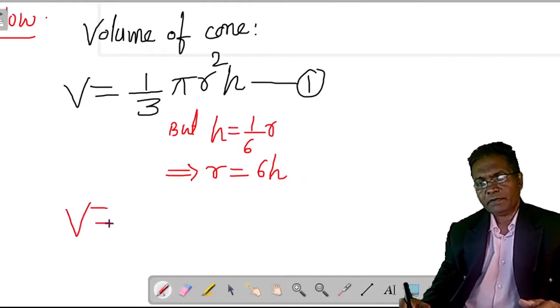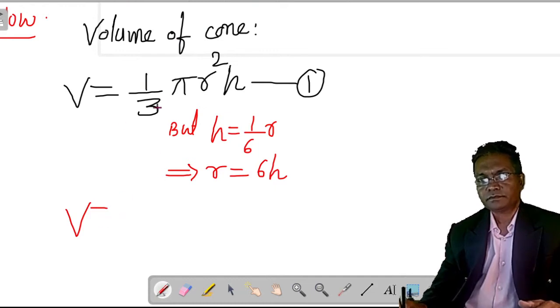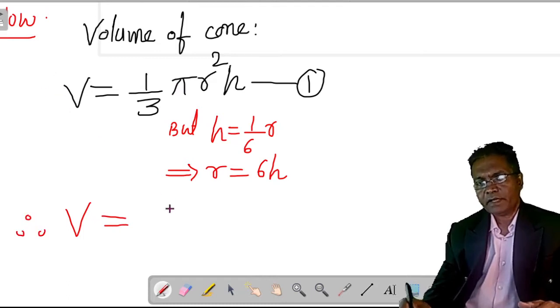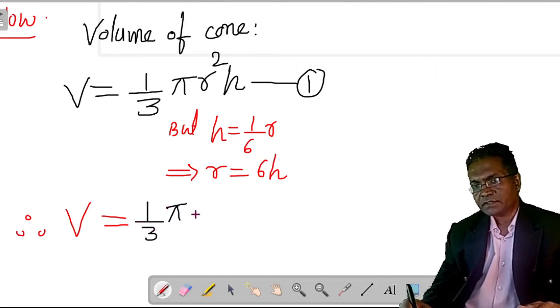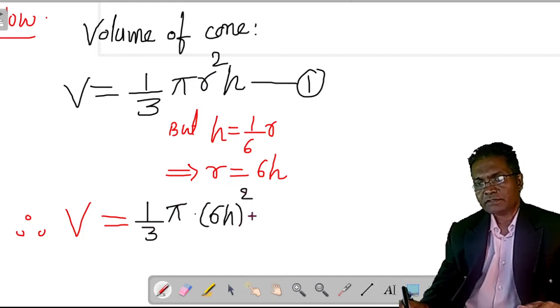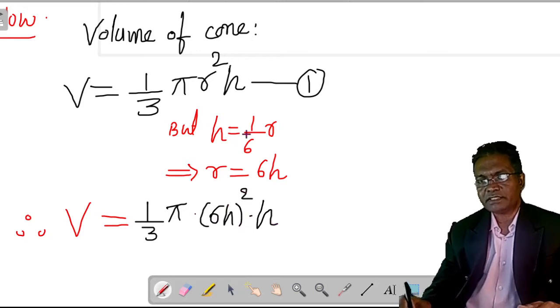Therefore V becomes 1 by 3 pi. In place of r you replace 6h, so that is (6h) whole square into h, this h as it is.